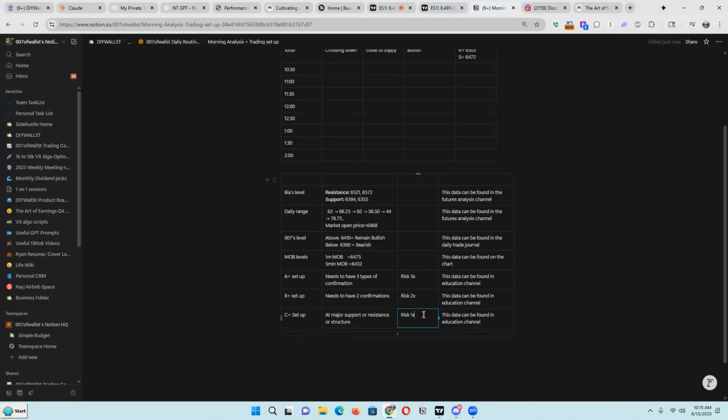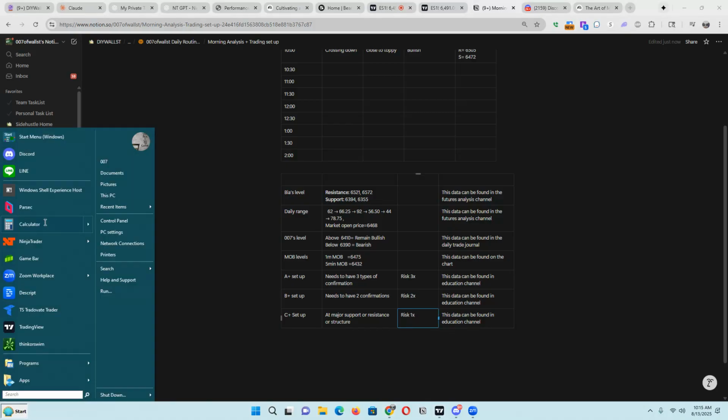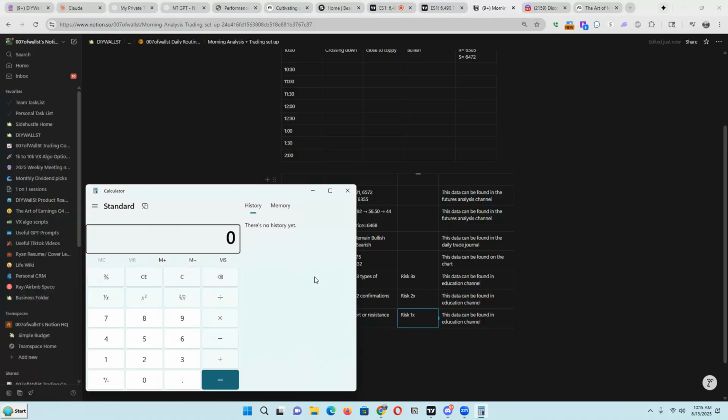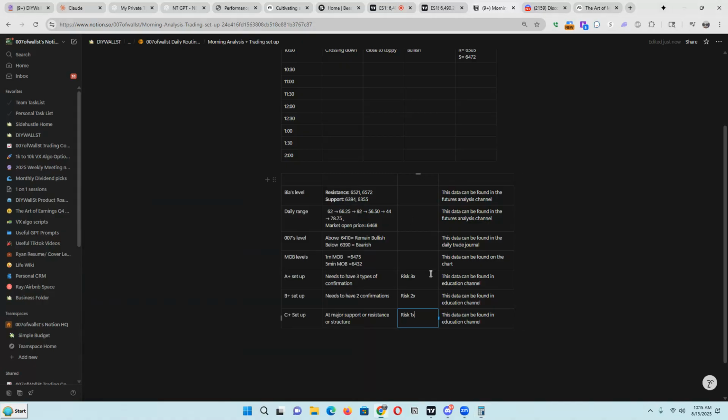It could be 5 times or 10 times, right? That would be your maximum risk. So if you have $2,000 and you're not that great of a trader yet, and you want to have an opportunity to be wrong 10 times before you blow up the account, then it's 2,000 divided by 10. That means the most you can risk per trade is $200, right?